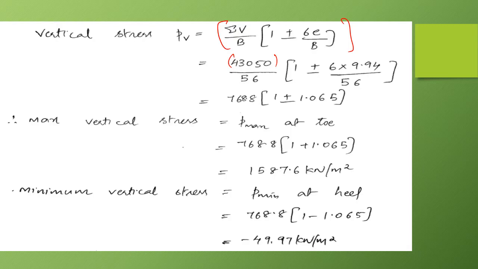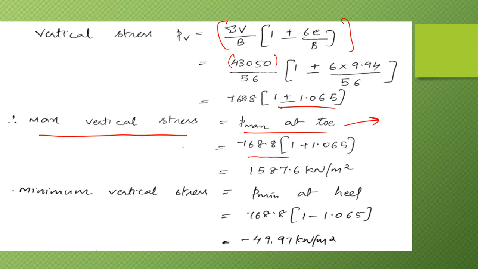So you will be getting it as 768.8 into 1 plus or minus 1.065. Now this positive case, that is 1 plus, is for the maximum vertical stress, that is P max will be at the toe of the dam, and for that we are taking this 1 plus 1.065 condition.